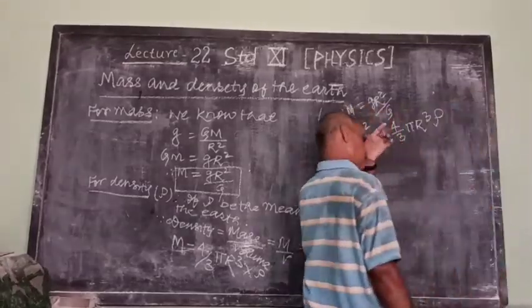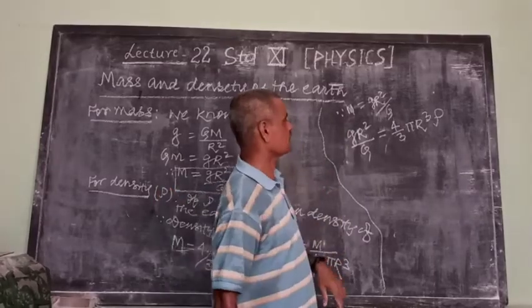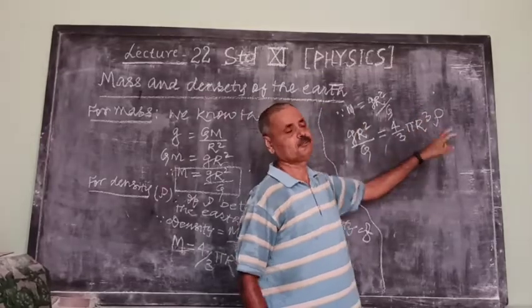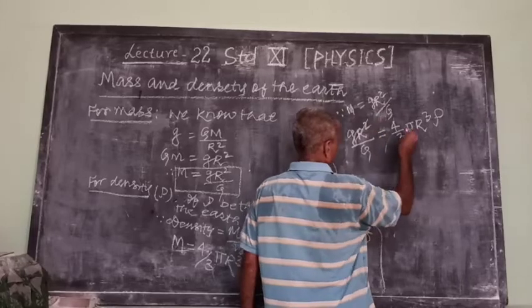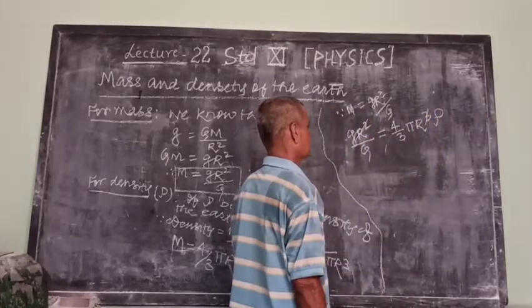The main item we have to calculate is the density of the Earth. Here this r square and r cube will cancel each other.